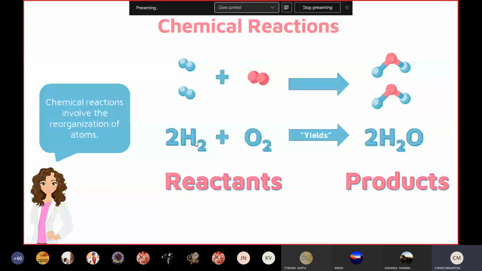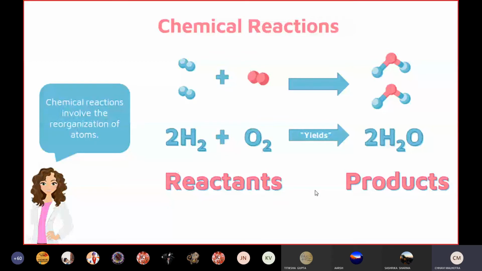So 2 molecules of hydrogen will have 4 atoms of hydrogen. Similarly here, O2 means there are 2 atoms of oxygen. H2O has 2 atoms of hydrogen and 1 atom of oxygen. And in this equation, we are having 2 molecules of water.